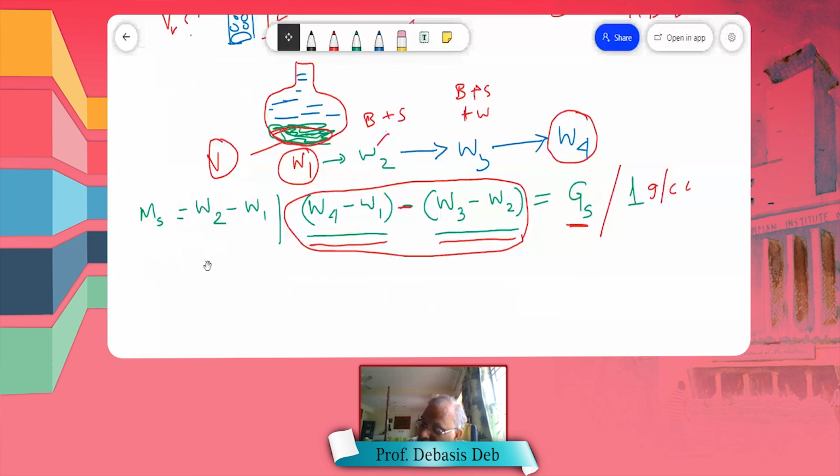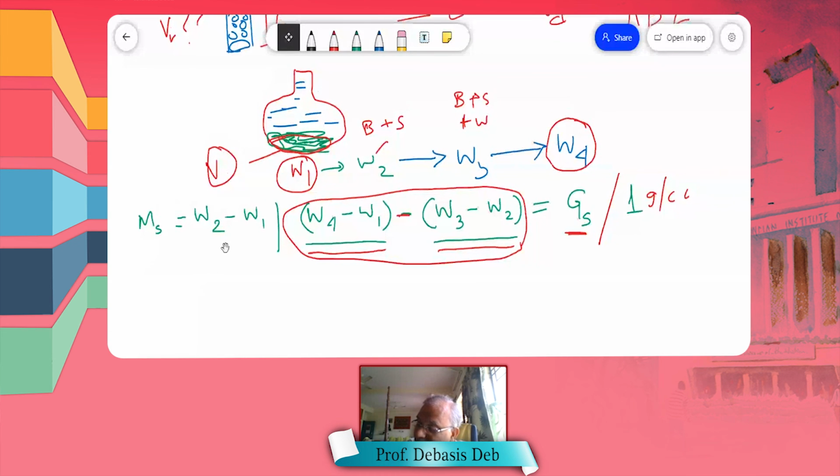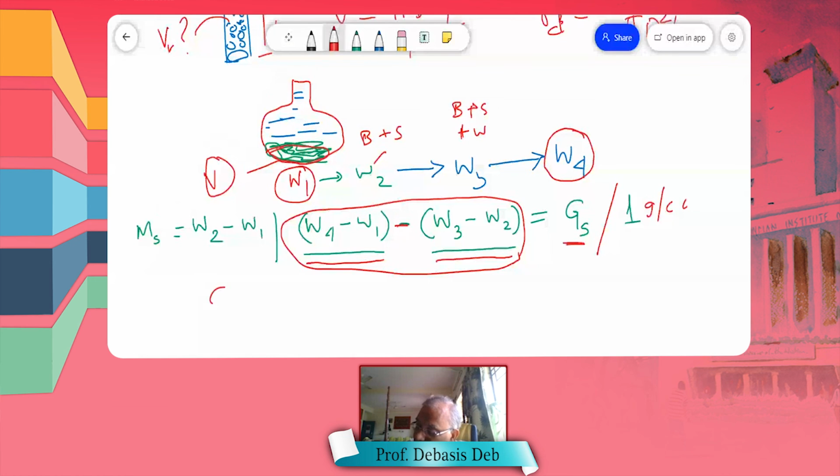Now GS I will be able to write with mass. In the book I have written it with weight, but you can always write it this way. So this is nothing but Vs.